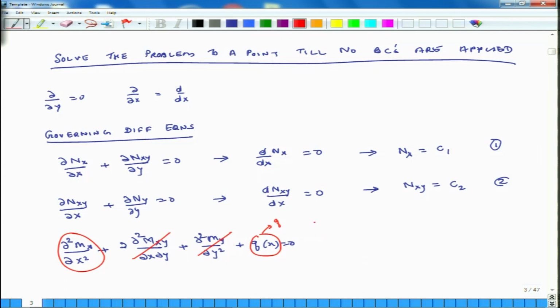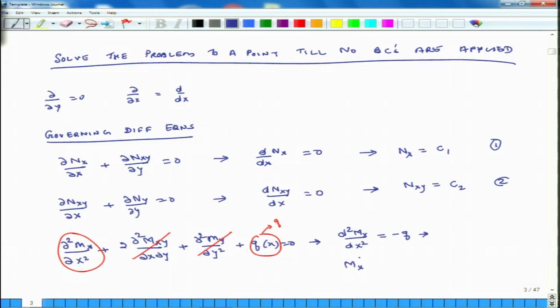So, what I get is, the second derivative of Mx is equal to minus q, which is a constant. Actually, I will write it below so that it is cleaner.